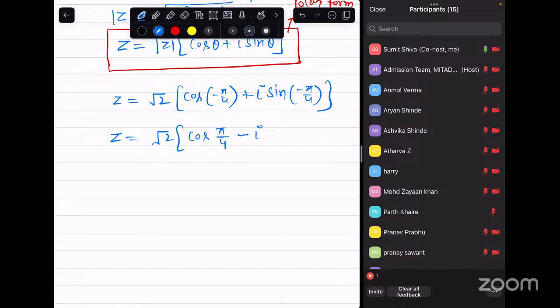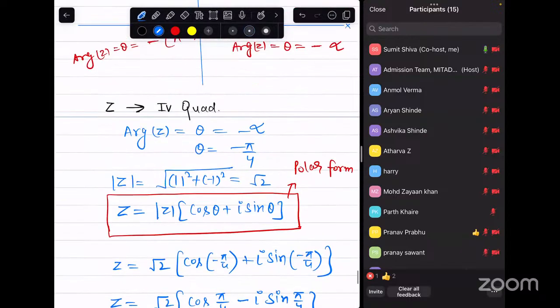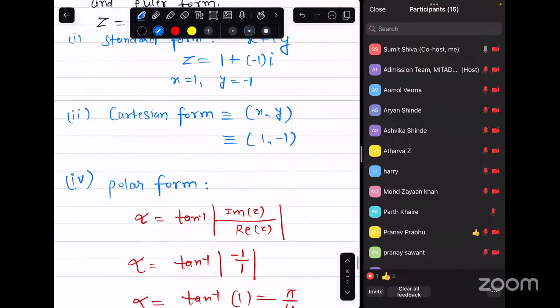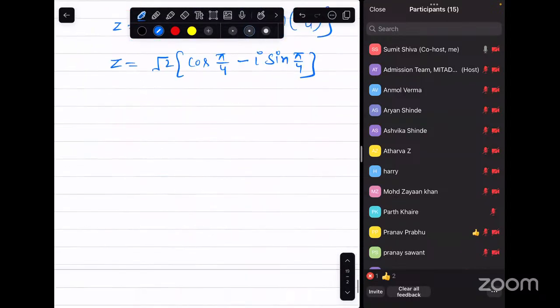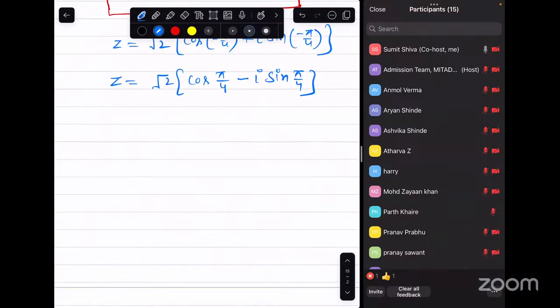So it will be minus sin pi by 4. I hope you got it. Any doubt in it? No, sir.